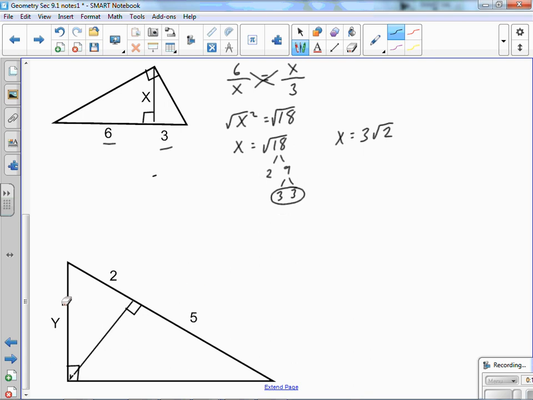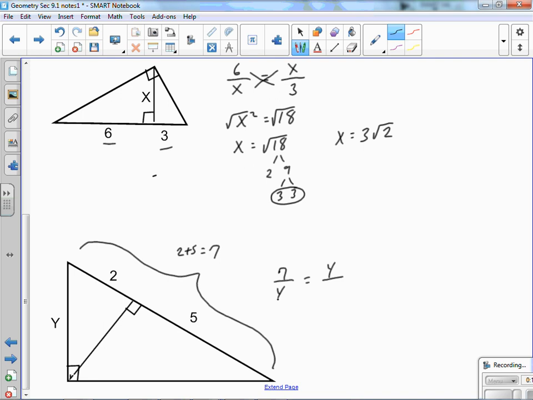All right, so the leg, being the y, is our geometric mean. So build our proportion, and y goes on the bottom on one side, top on the other. And then from there, it's the geometric mean with the hypotenuse. So that's the whole length of this side, which is 2 plus 5, or 7.